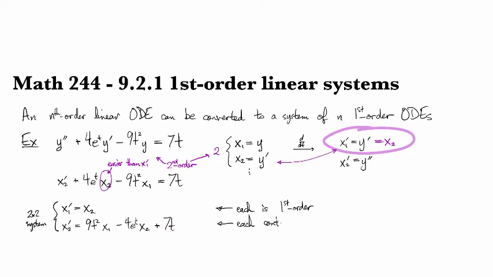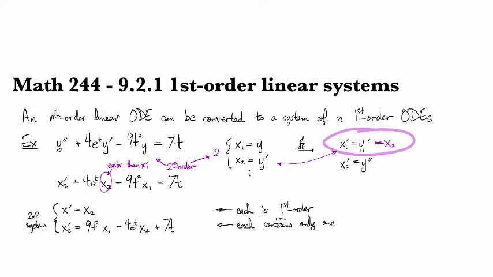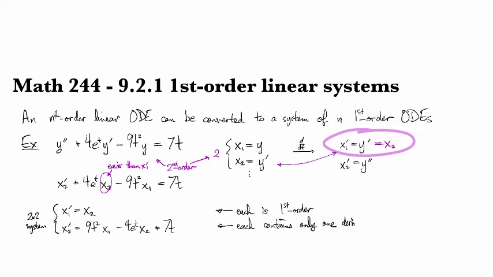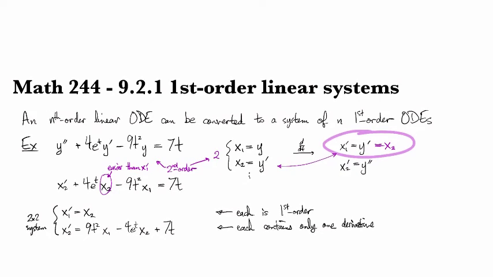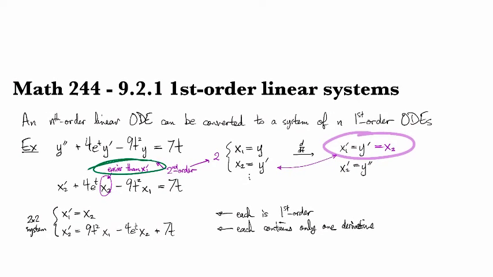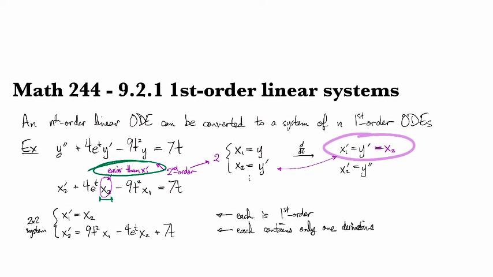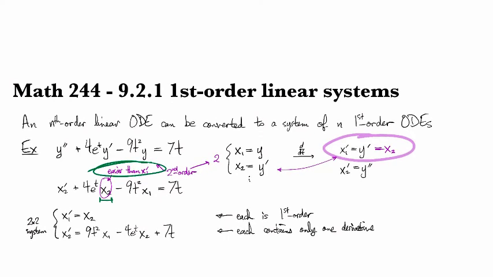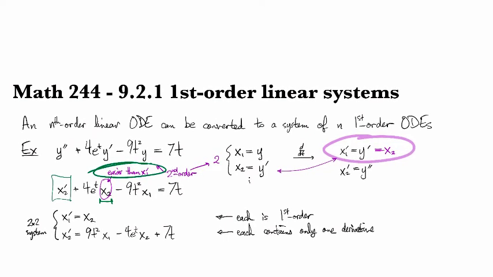Each contains only one derivative term. And so going back, that's part of this choice right here. If I choose this to be x2 instead of x1 prime, then there's only one derivative in that second equation, and it's this guy out in front.